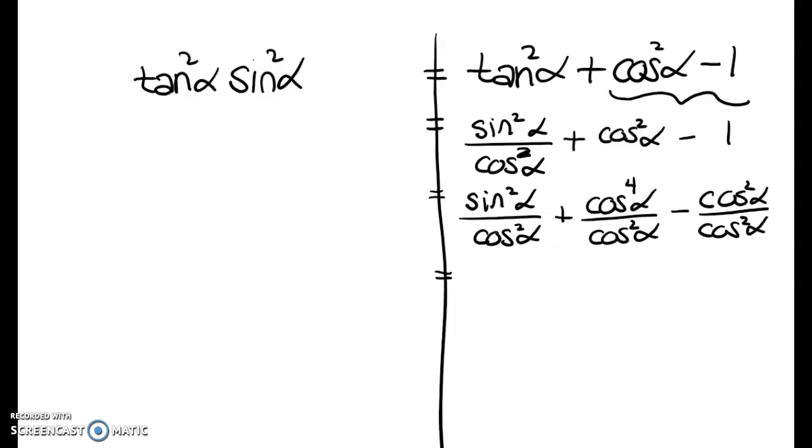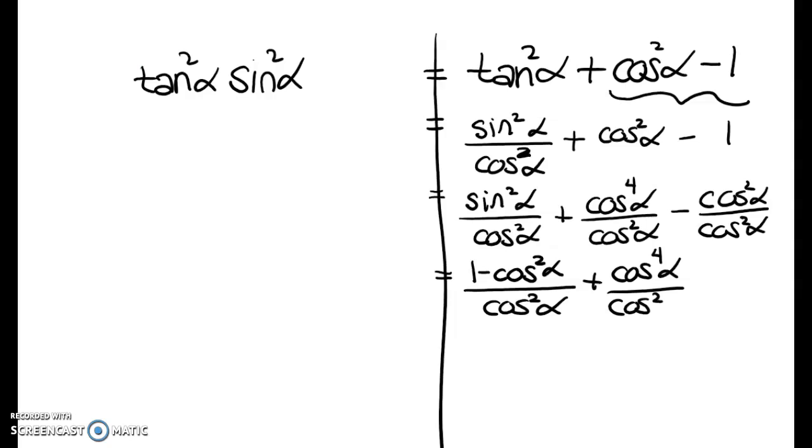And now I could say that sine squared is 1 minus cosine squared, because that's an alternative form of my Pythagorean identity. 1 minus cosine squared alpha over cosine squared alpha, plus cosine to the 4th alpha over cosine squared alpha minus cosine squared alpha over cosine squared alpha.